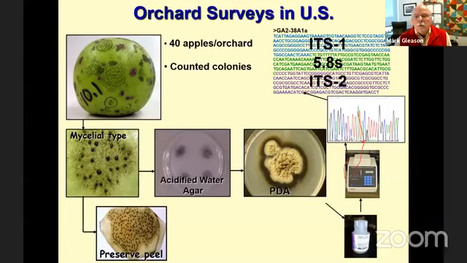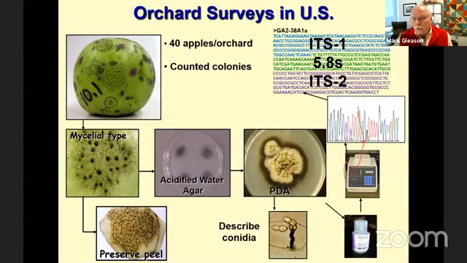ITS, as you know, is considered a universal barcode for fungi, and that was a good starting point for us. And at the same time, we used the traditional morphologically based methods of mycology in order to characterize the spore morphology, conidiophore morphology, et cetera, under the microscope. This was extremely necessary in order to be able to name some of these new species that we found.